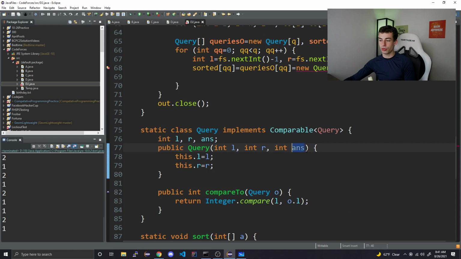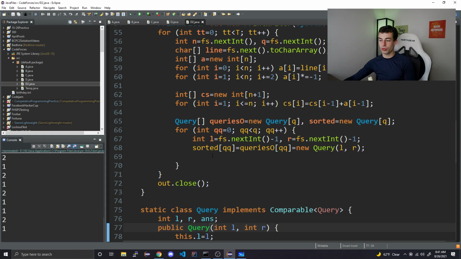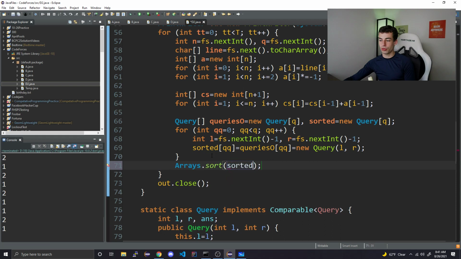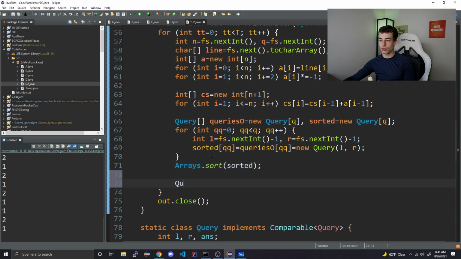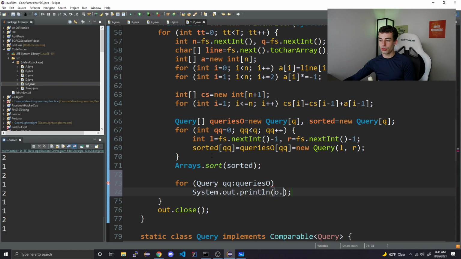We don't need to pass in the answer. All right, so now we need to Arrays.sort the sorted version, then for Query qq in queries, print with the print writer: out.println(qq.ans).